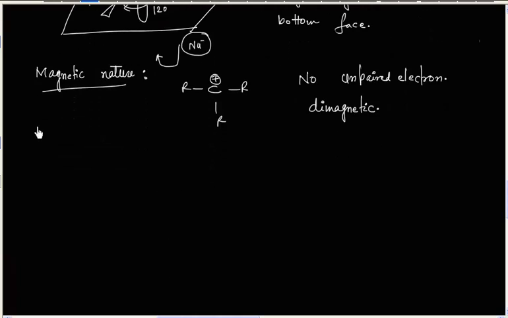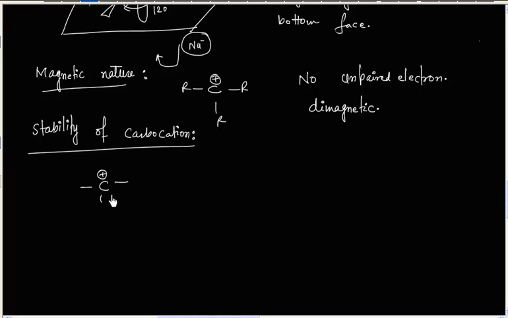Now let us discuss the stability of carbocation. Carbocation is an electron deficient species.